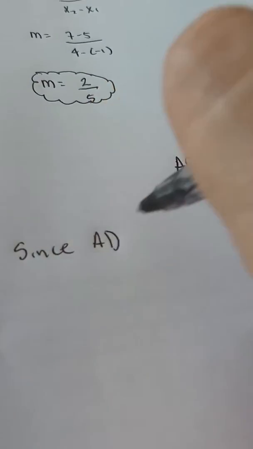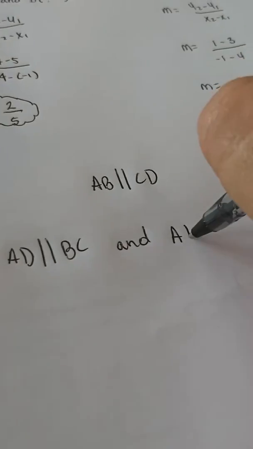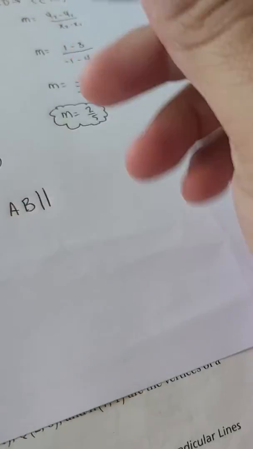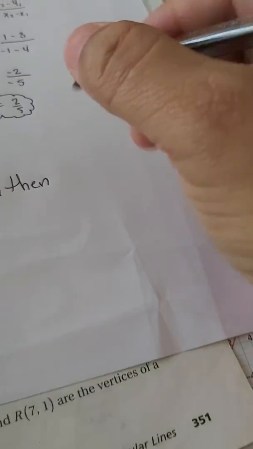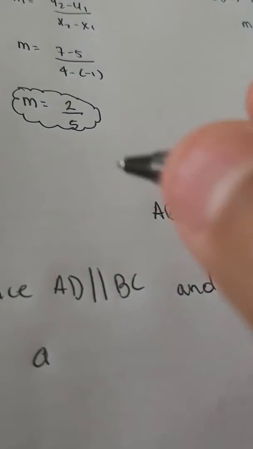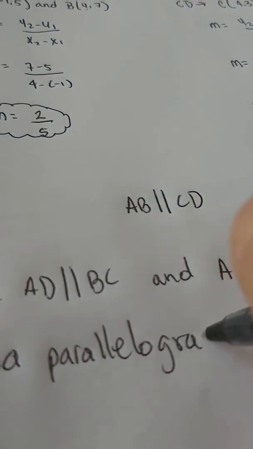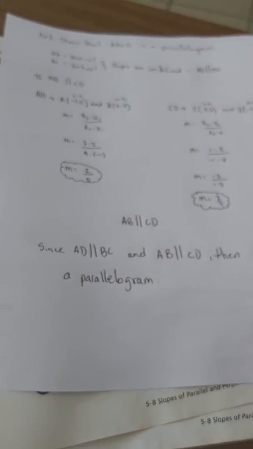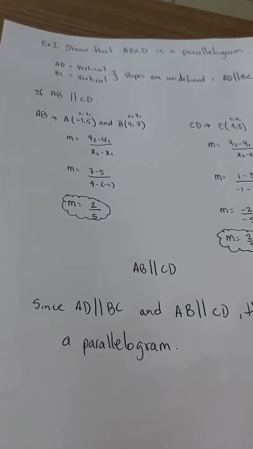Our solution will be, since AD is parallel to BC and AB is parallel to CD, then ABCD is a parallelogram. Okay, so we just proved that ABCD was a parallelogram.